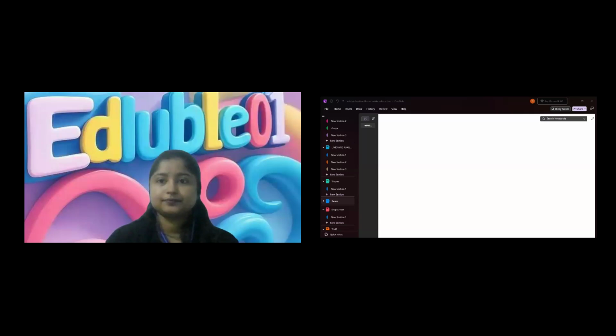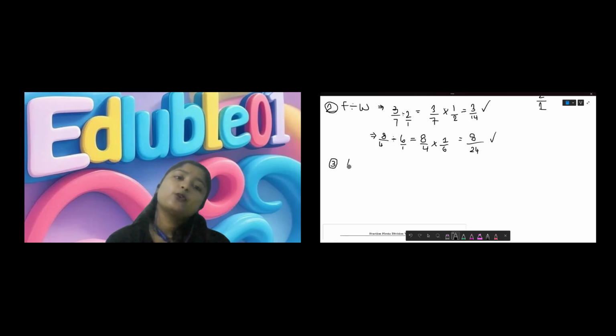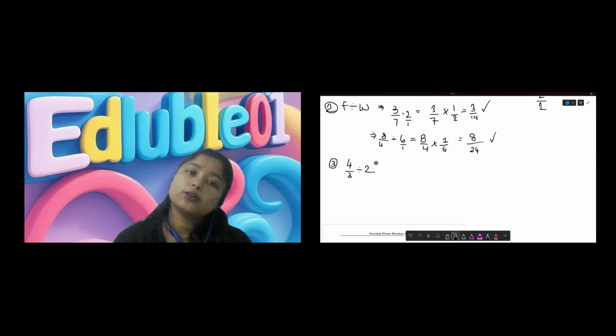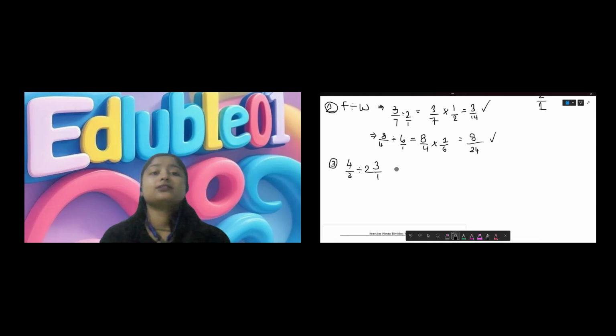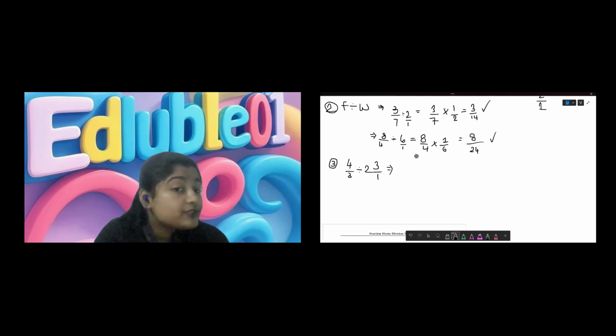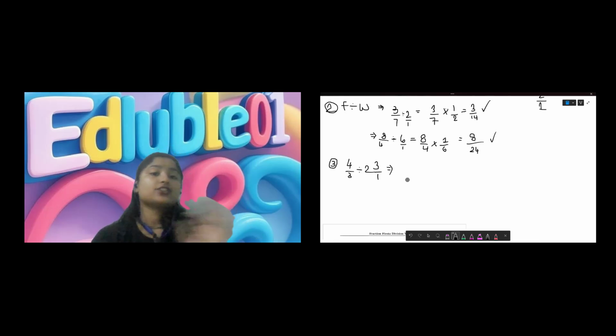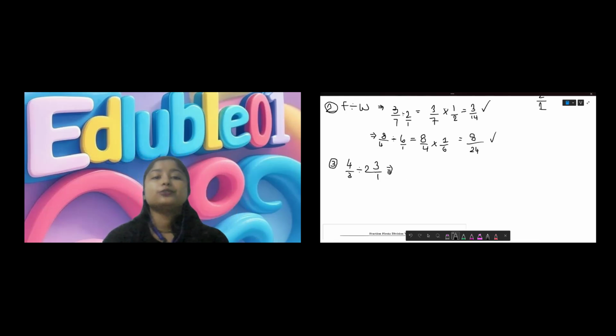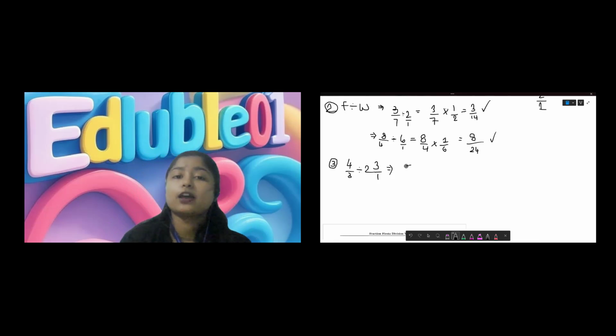The third case is where a fraction is divided by a mixed number. Let's see. We have 4 over 3 divided by 2 and 3 over 1. Again, apply the basic rule of converting a mixed fraction into an improper fraction. So 2 times 1 is 2, plus 3 is 5, giving 5 over 1.